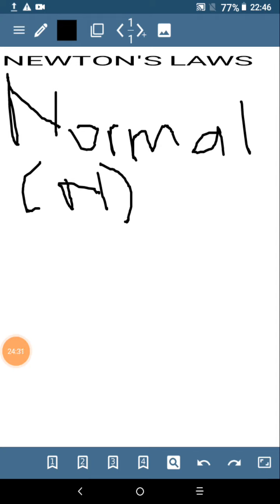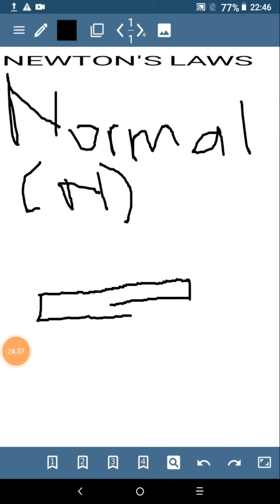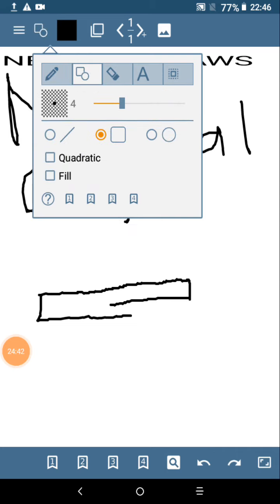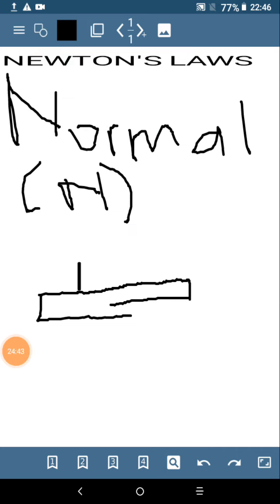So let's say, for instance, we have a table there, and on top of it rests a box. I don't know what we are going to call that, but I just want to put some objects on top of this table.